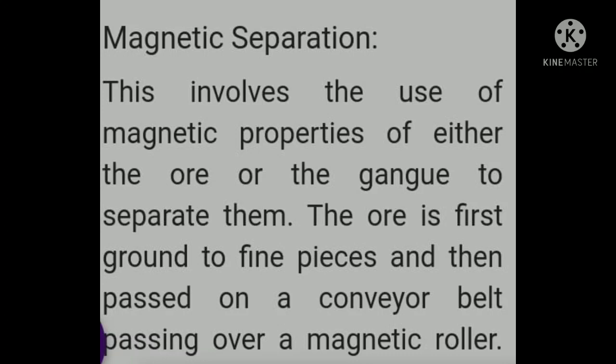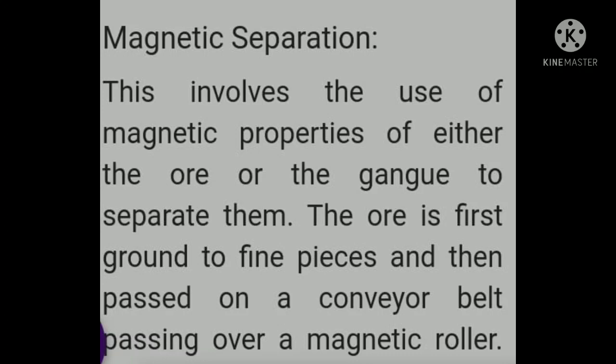And mostly the ore separated by this technique is tin stone, the ore of tin, and you can also separate the oxides of iron. What are the oxides of iron? Do you know? Yes. It is also used to separate iron from magnetite, hematite and iron pyrite.